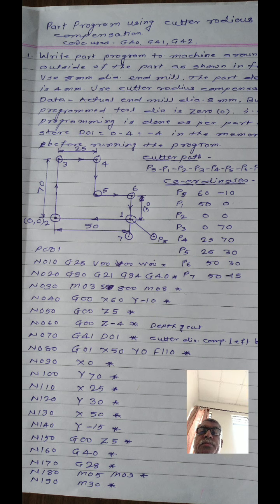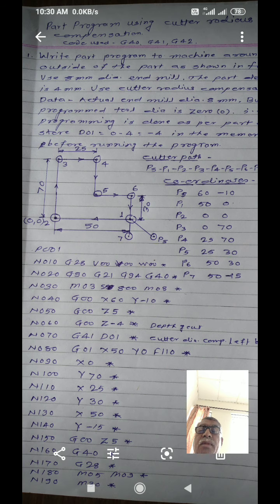Then here PS is the starting point as shown in the figure. PS is the starting point. Then point 1, which is on the workpiece, that is the corner of the workpiece. Here it is not necessary to consider the radius of the cutter.